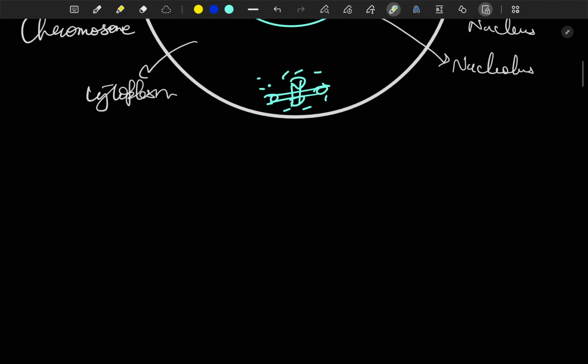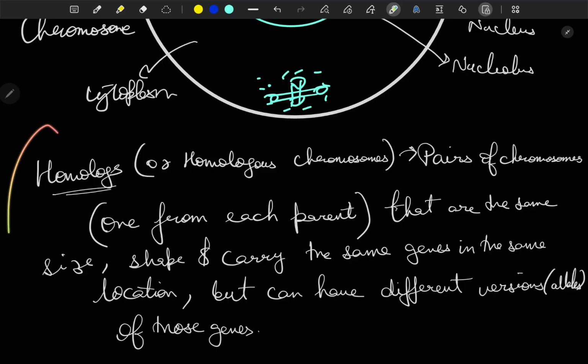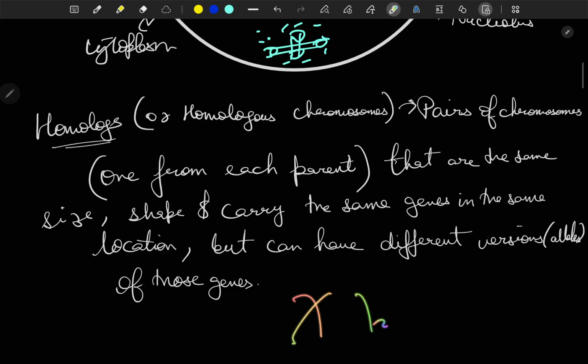Let me just write it for you. Okay, here it is written now. For example, one can be from the mother, one from the father, but they have the same gene location, you can say locus point. That's why they're homologs.